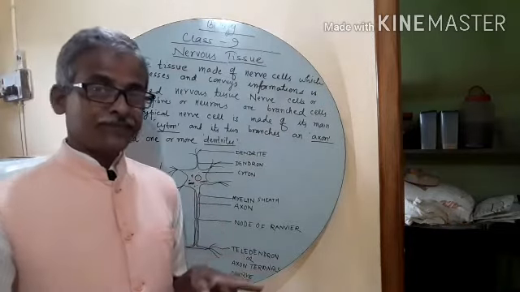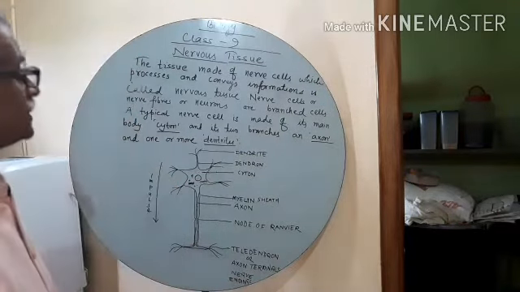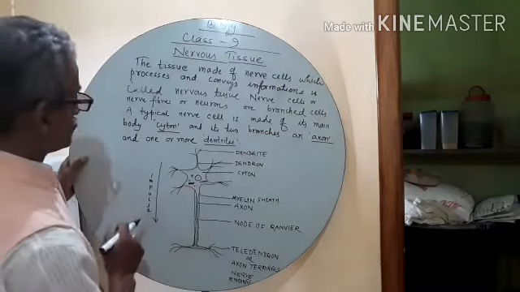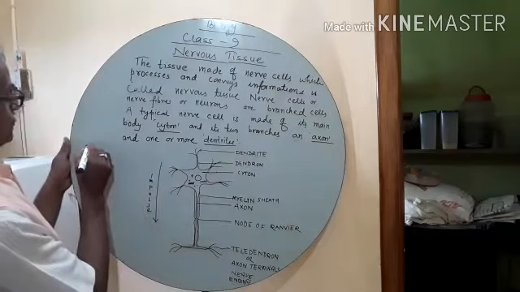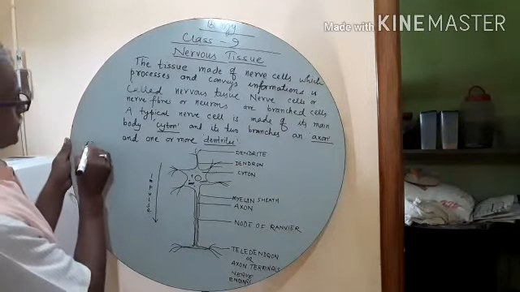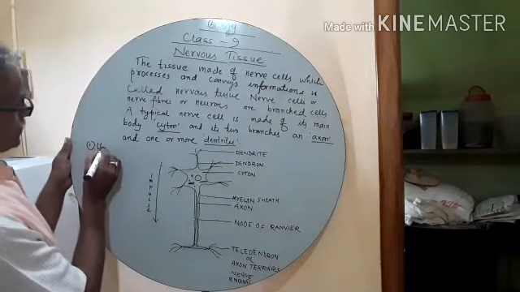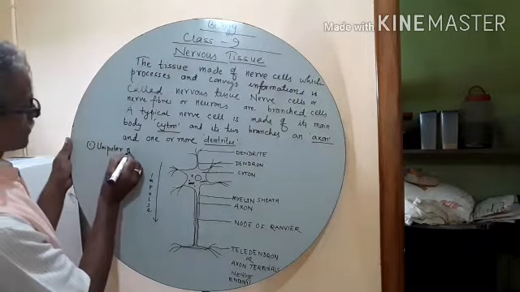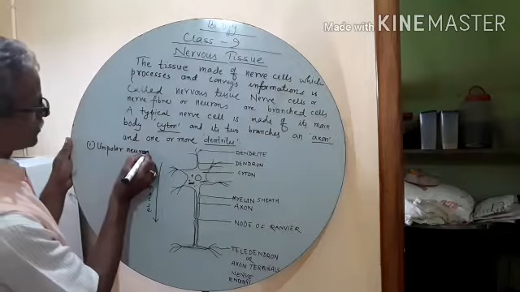On the basis of structure, the neurons are of three types. One is called unipolar neuron.